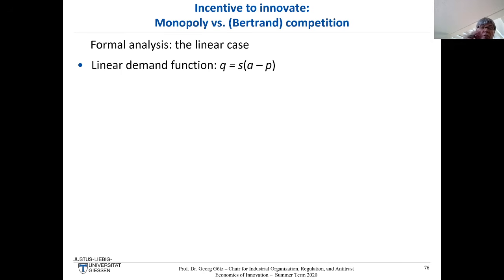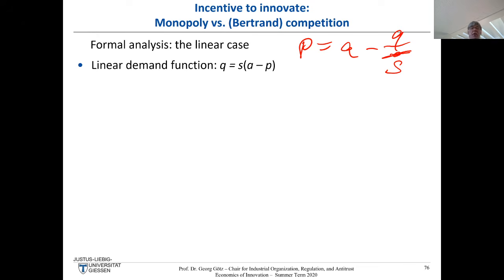So linear is always linear, but here we assume that we have S consumers, and each of these S consumers has a demand of A minus P. So Q is just S, the number of consumers, times A minus P. This would give us an inverse demand function, that is a demand curve of A minus, hopefully I'm correct, Q over S.